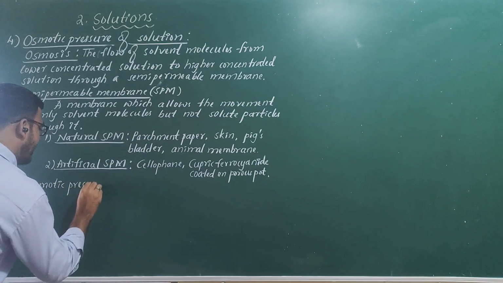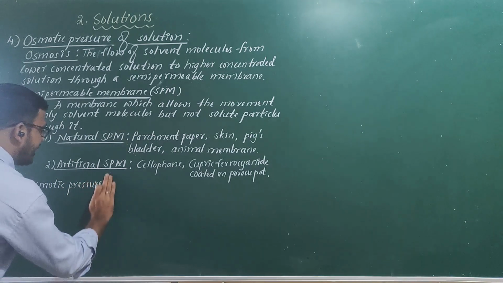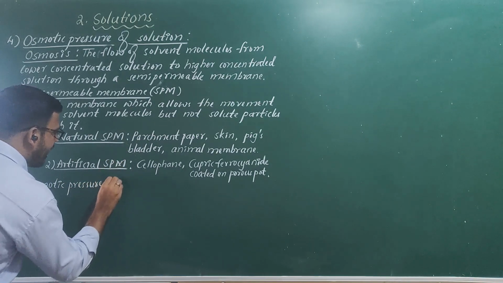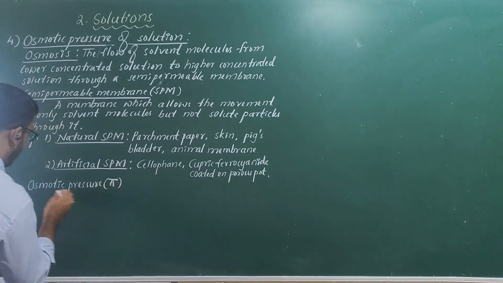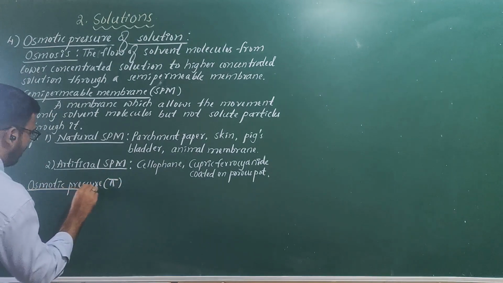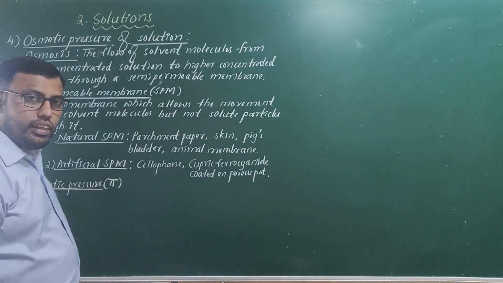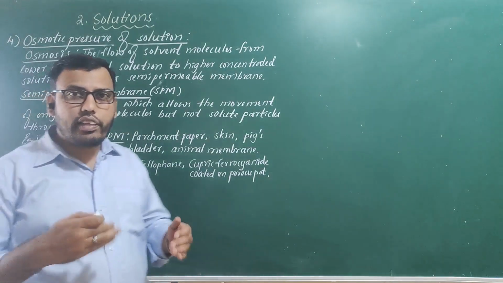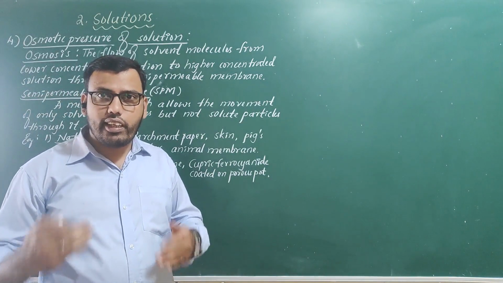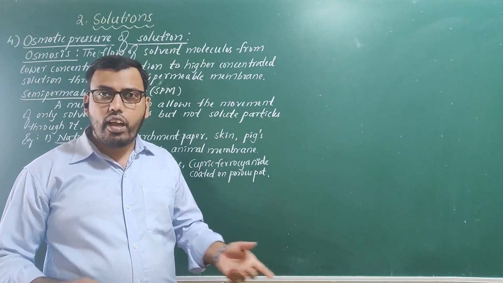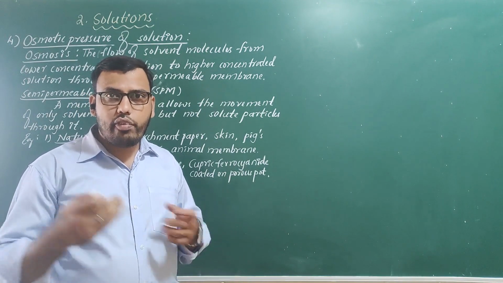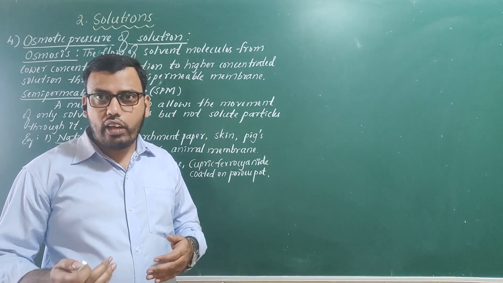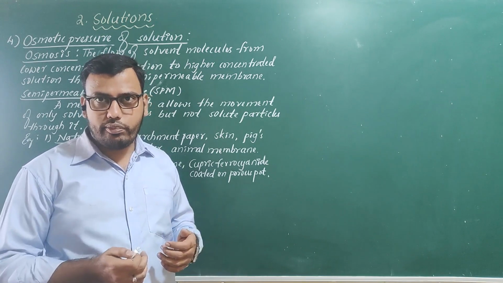And this osmotic pressure is represented by symbol pi. Okay. So dear students, while defining osmosis, we are taking dilute and concentrated, or lower concentrated and higher concentrated solutions, or we can take pure solvent and solution.